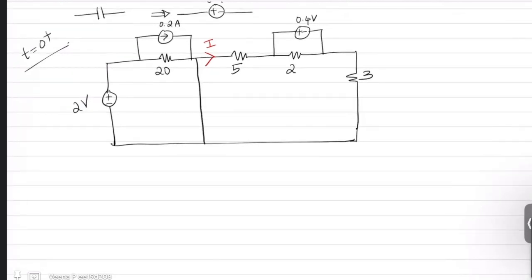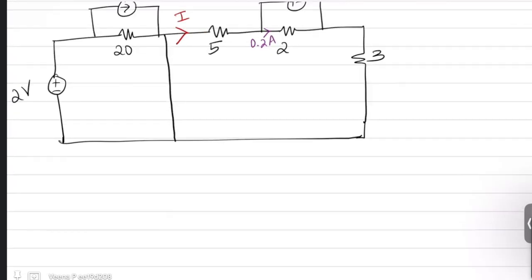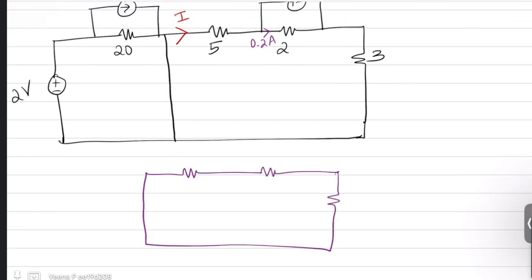So it can be solved easily. You have 0.4 volt across 2 ohm. So this current is nothing but 0.2 ampere. Now you can apply mesh analysis. So you have a 5 ohm, a 2 ohm and a 3 ohm. It is closed. The current through 5 ohm is I. The current through this 2 ohm is 0.2 ampere and this is I, which is 3.